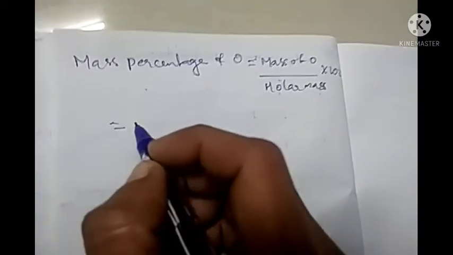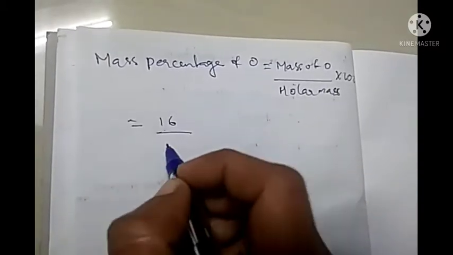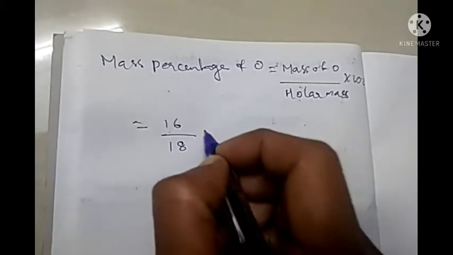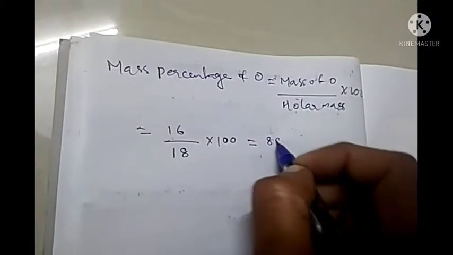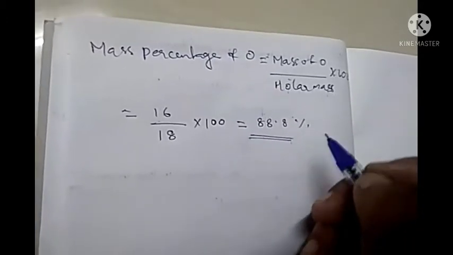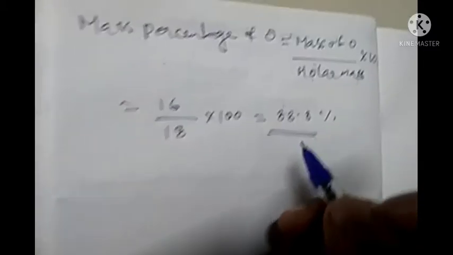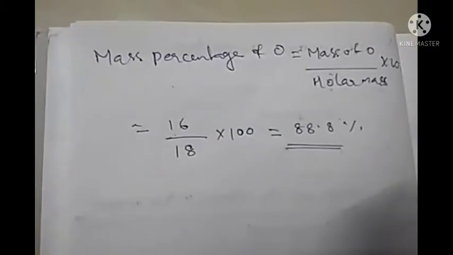The mass of oxygen in water is 16 because only one oxygen atom is there. 16 divided by the molar mass 18 into 100 is equal to 88.8 percent when we simplify. So this is the way to calculate the mass percentage of different elements present in a compound.